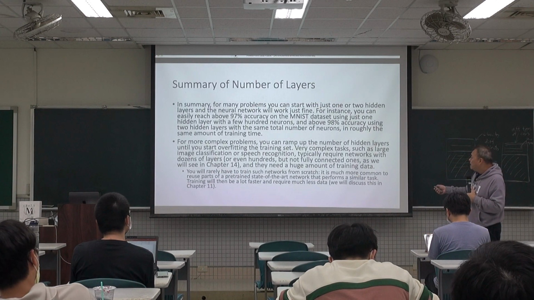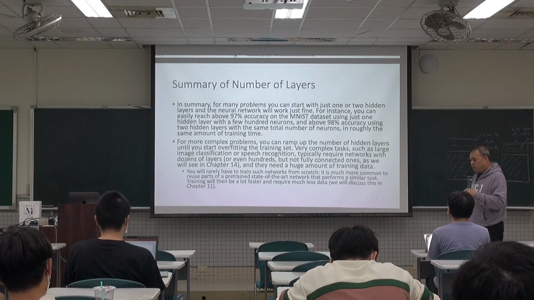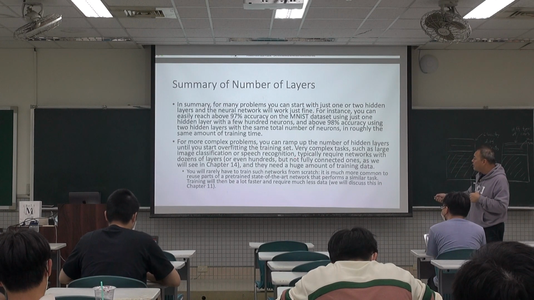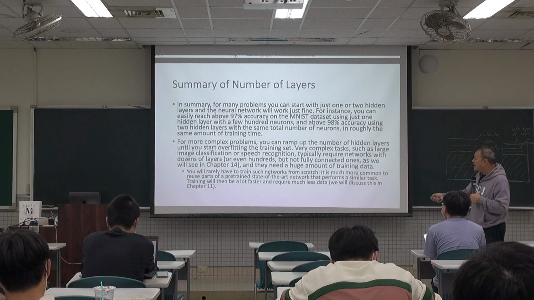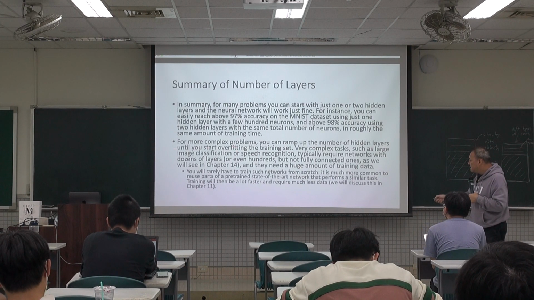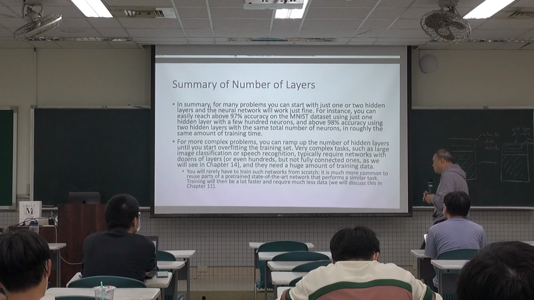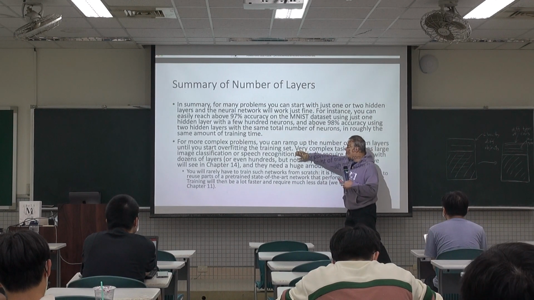The idea is that you don't want to start with a lot of layers. For a more complicated problem, you can ramp up the number of hidden layers until you start overfitting the training set. So you can try to increase the layers until you have an overfitting problem.